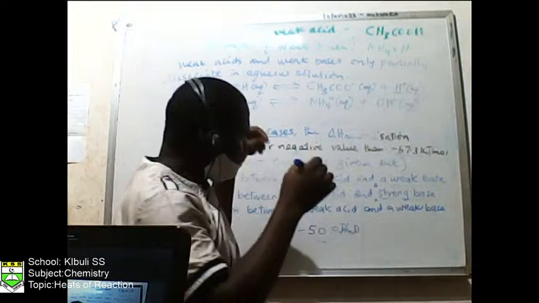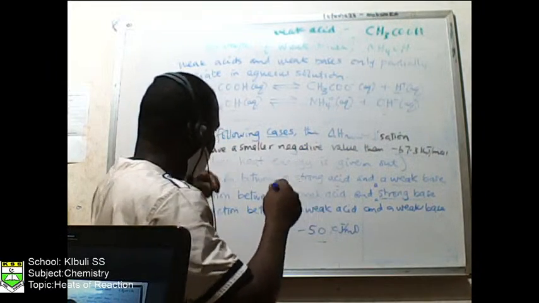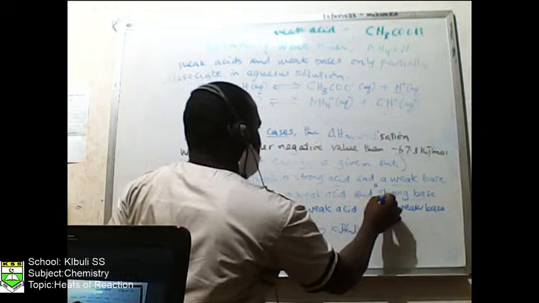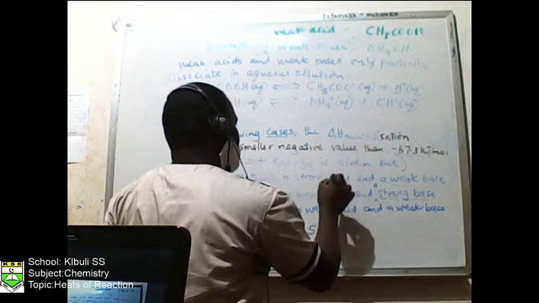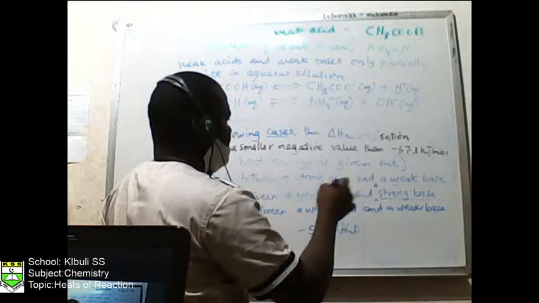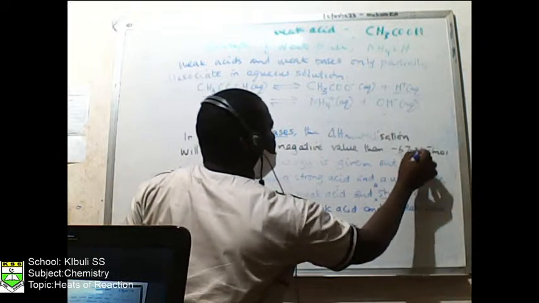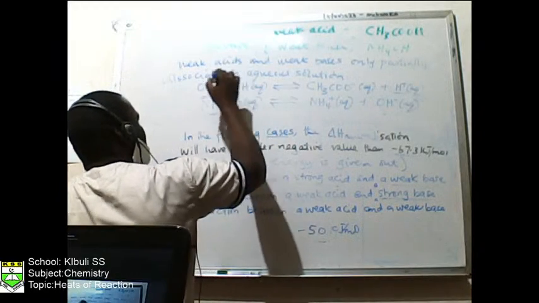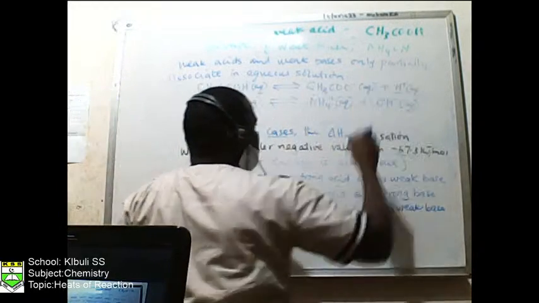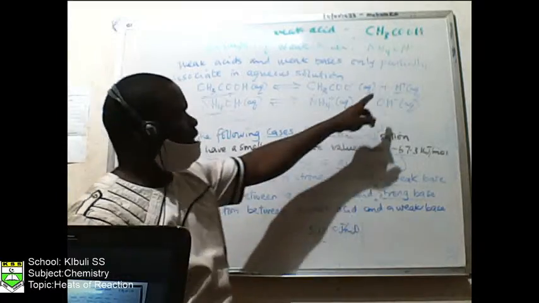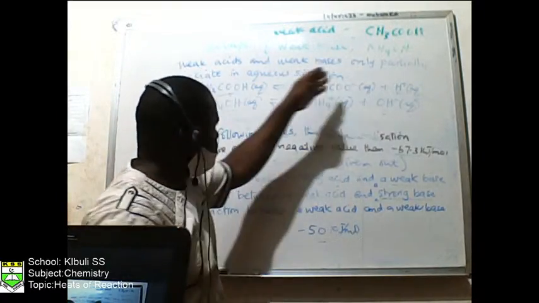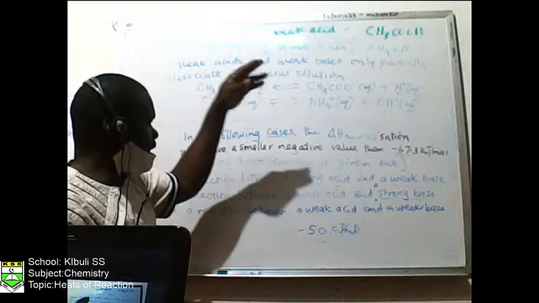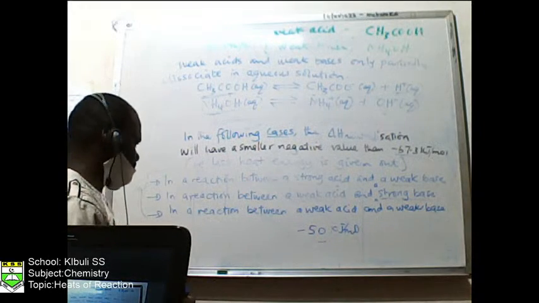So some of the heat energy which is produced when the hydroxide ions of the base meet with those hydrogen ions which have been found, some of the energy which would have been liberated will be used in dissociating the weak acid to provide the hydrogen ions. Because at the end of it all, the hydrogen ions will have to be produced so that they react with the hydroxide ions of the strong base.